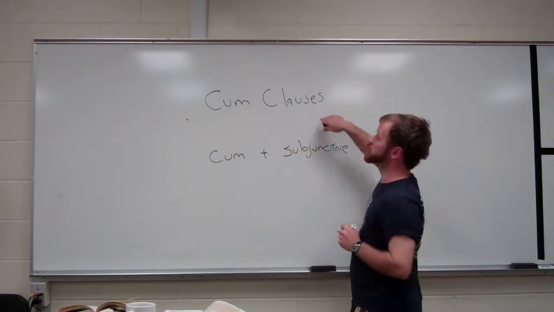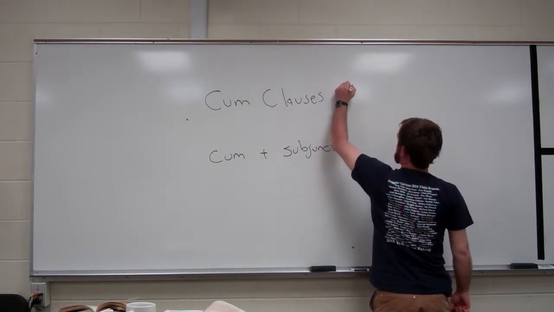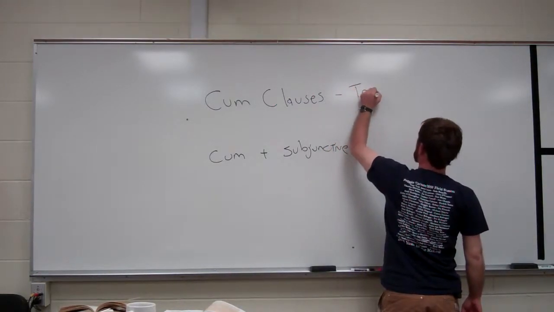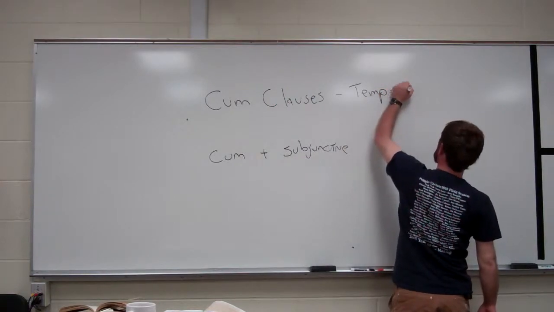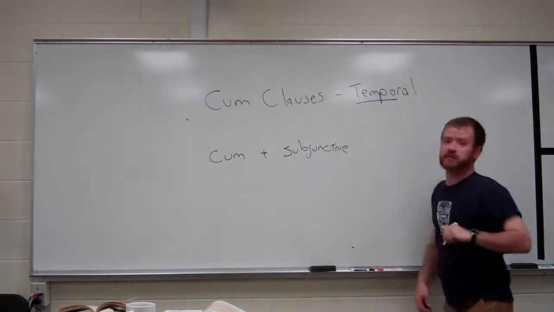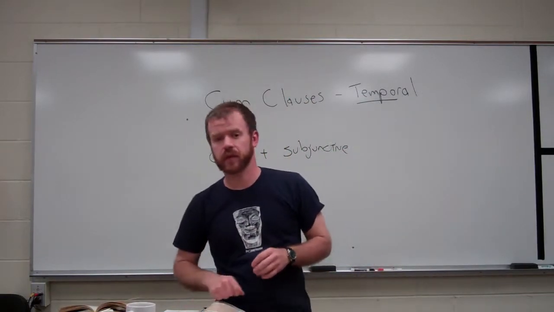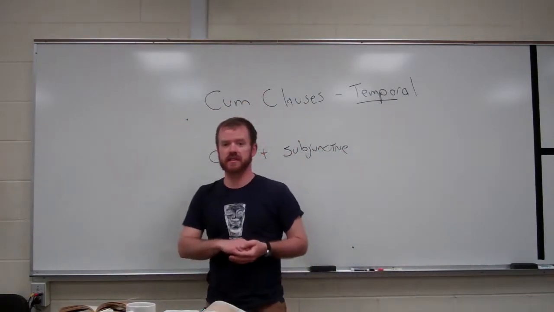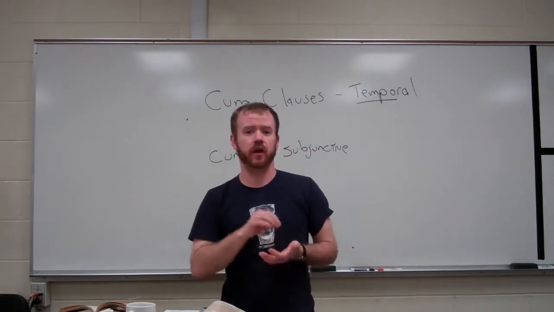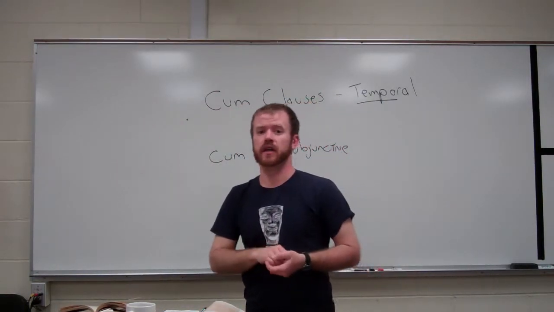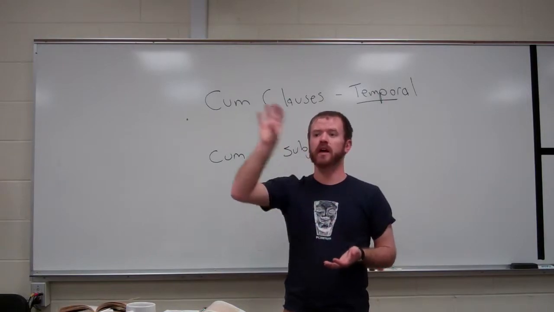So, these cum clauses are known as temporal ones, from the Latin word tempus, meaning time. These cum clauses tell us when something's happening. Eventually you'll get cum clauses that tell us why something's happening. They're called cum causal clauses. So it's telling us why something happened.